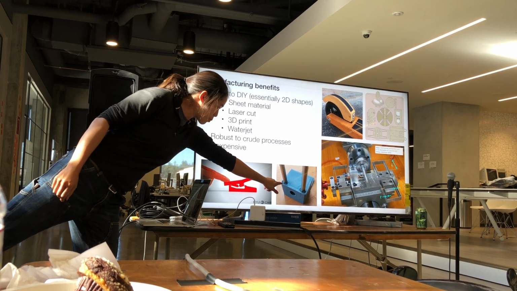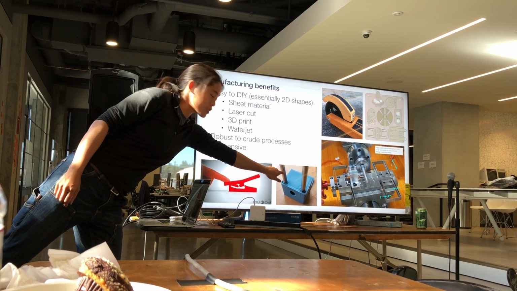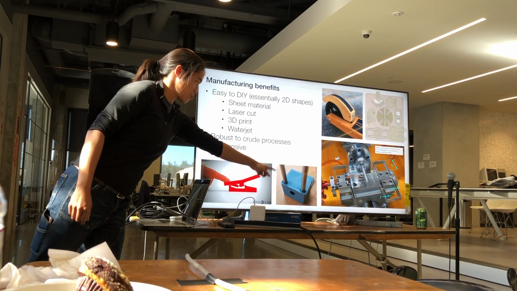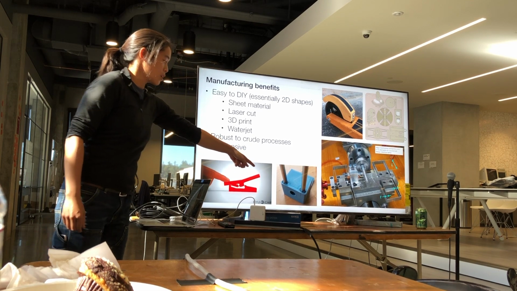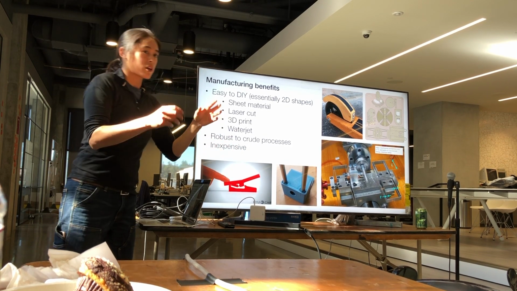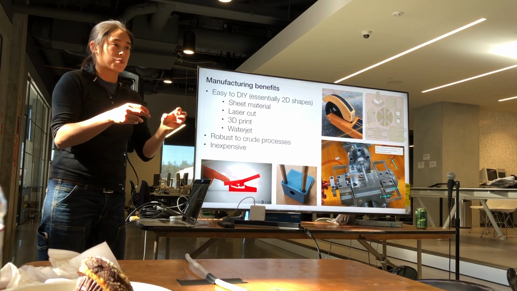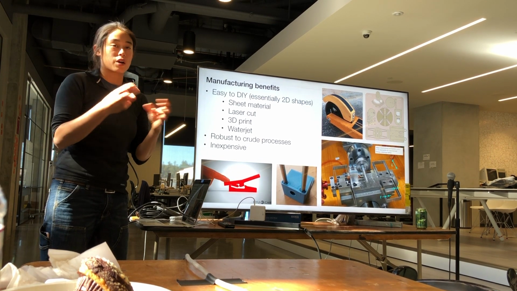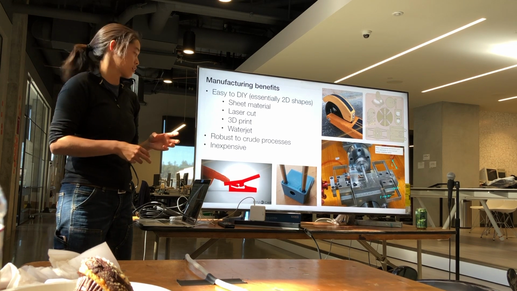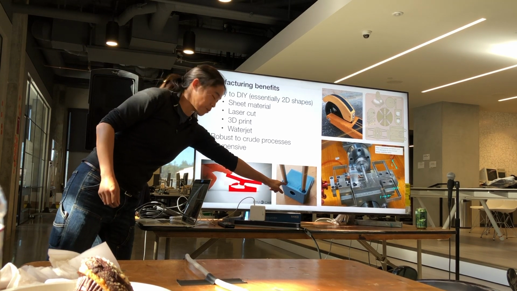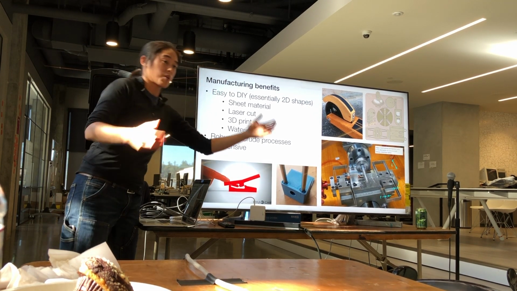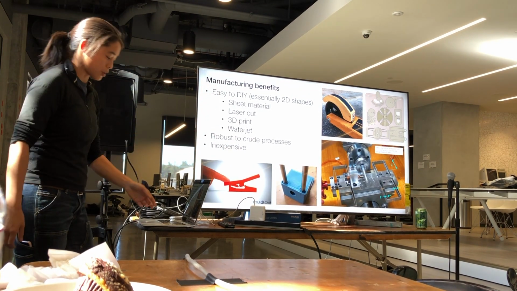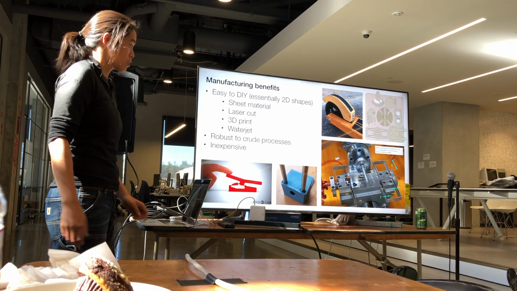So this is an example where maybe you want a really tight, snug fit to these precision shafts here, but instead of calibrating your 3D printer to be just the right size, or investing in reamers or precision tooling to make an exactly right size hole, you can have some compliant members here that will just take up the slack for you. Sometimes that doesn't provide enough force, but in a lot of cases, that's sufficient.